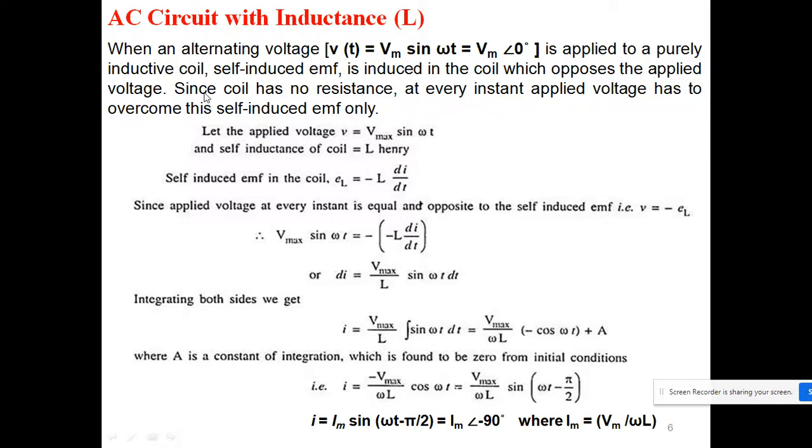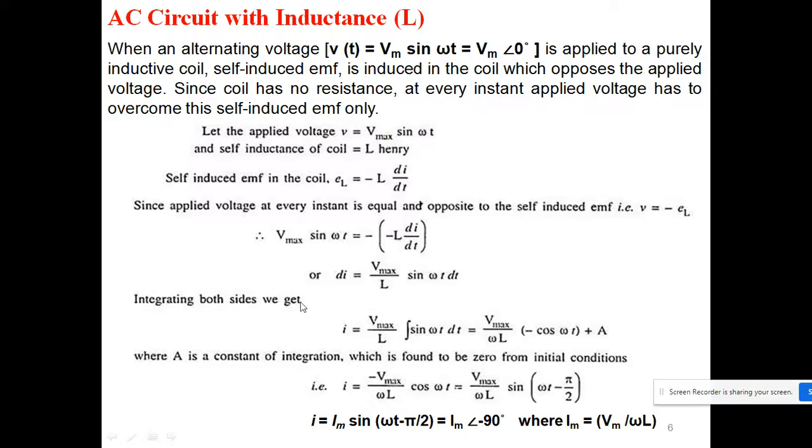So that's why I'm putting this value here. Is it okay? The applied voltage opposes the self-induced EMF, so there is a minus sign. I put minus here and minus here, so this value becomes equal to this one. Is it okay? Di by dt becomes equal to this current here.